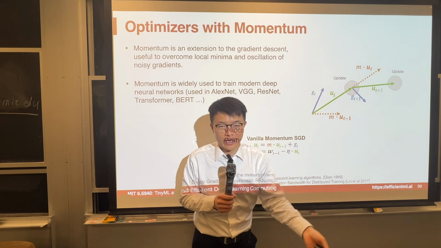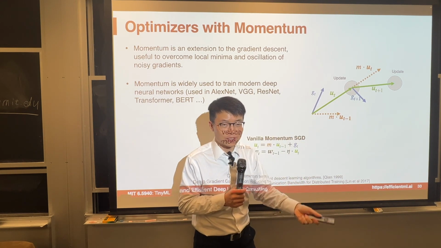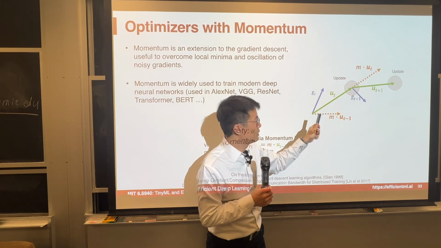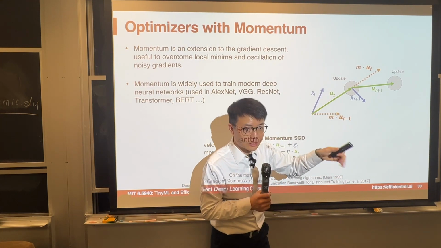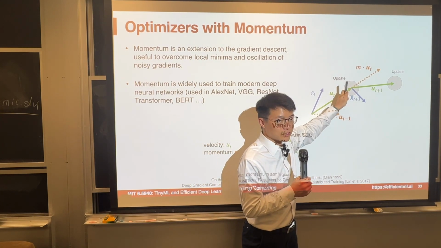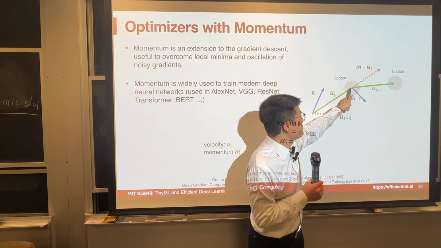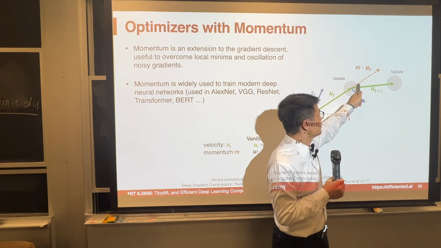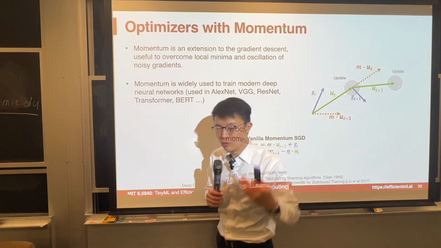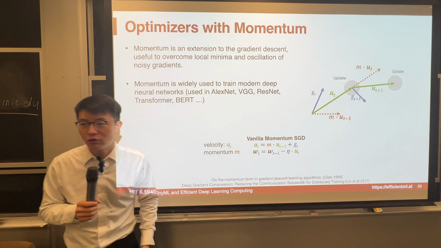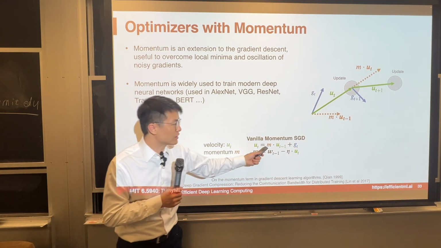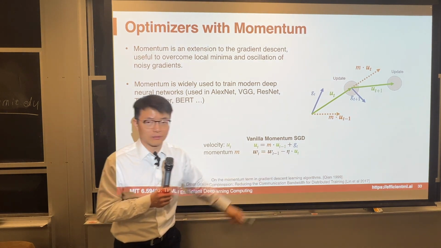So without any momentum, what is your direction? You are going to go this way. But with momentum, you combine the previous direction, discounted, with the current direction. So you are going to go this way. This is one iteration. In another iteration, this is the momentum from the previous iteration, this is the new gradient, so this is the new direction. The momentum is trying to smooth or stabilize the training process by taking a discounted factor of the previous direction.